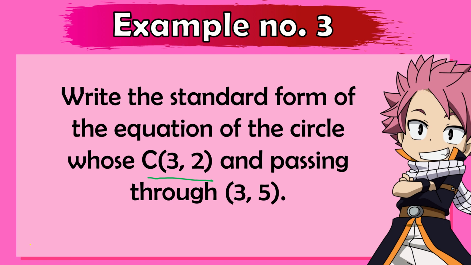So, ano yung sinabi dito? Yung center daw ng circle is located at 3, 2. So, automatically, this is our h and k. H is 3, k is 2. Kaso, hindi binigay sa atin yung alin.